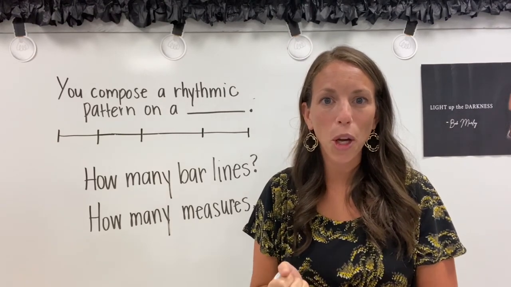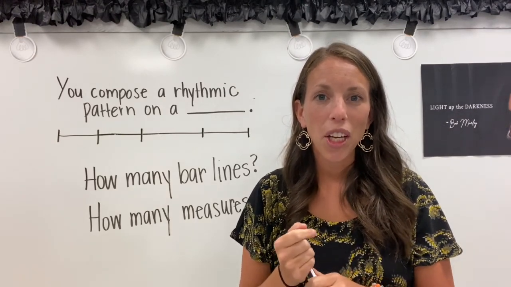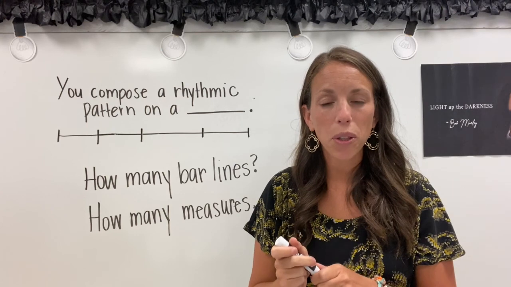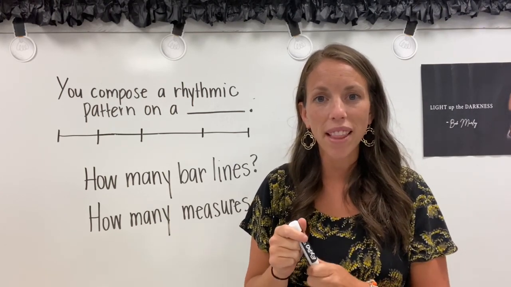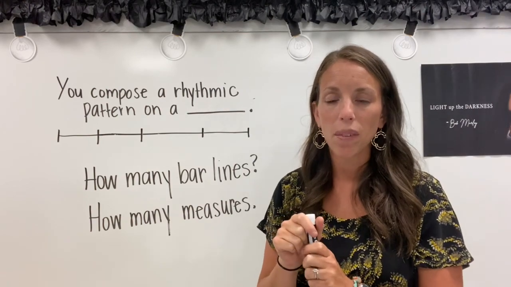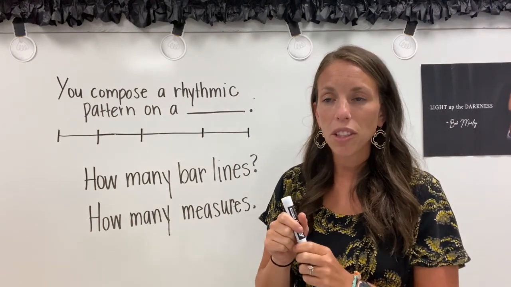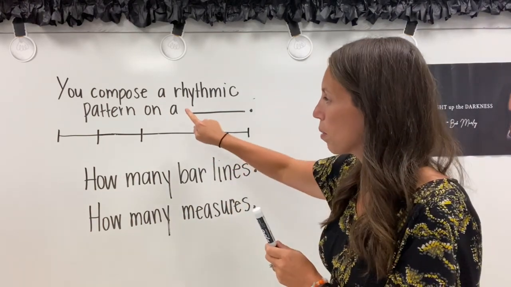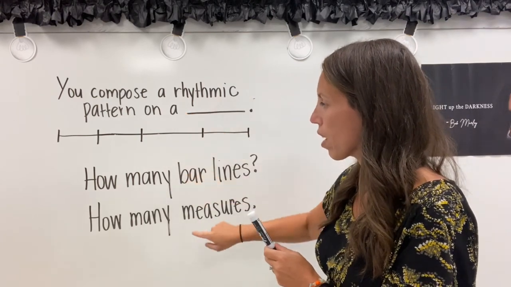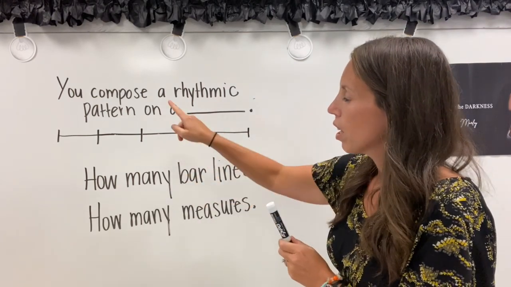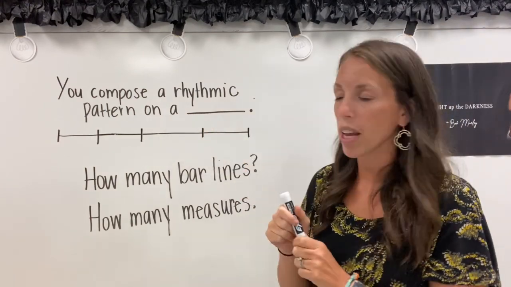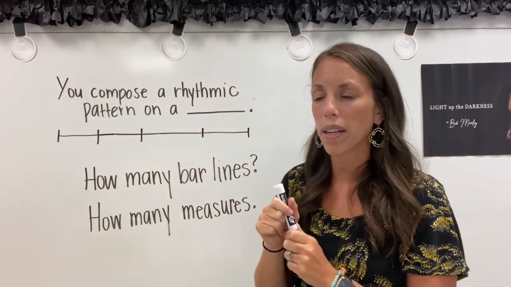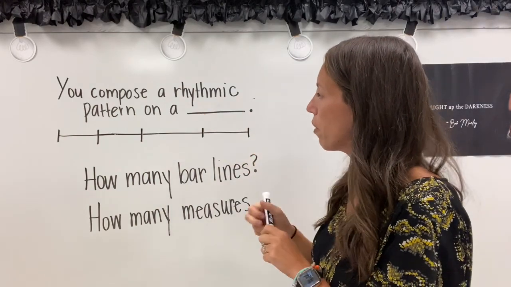Now it's time to show me what you know. You are going to go into our Music Google Classroom and you are going to click Classwork and find this week's assignment. I am going to ask you to complete these 3 questions. The first is actually a fill in the blank. You compose a rhythmic pattern on A, and then you will fill in the blank.